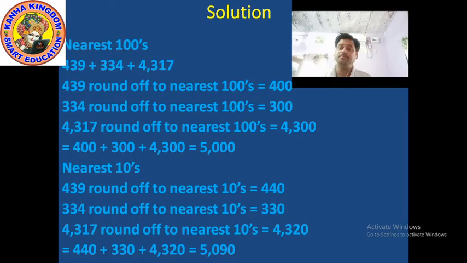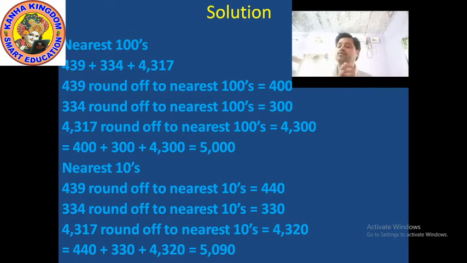So now the solution of the first part, rounding off to the nearest 100, where the question is 439 plus 334 plus 4317. First, you convert 439 to the nearest 100.